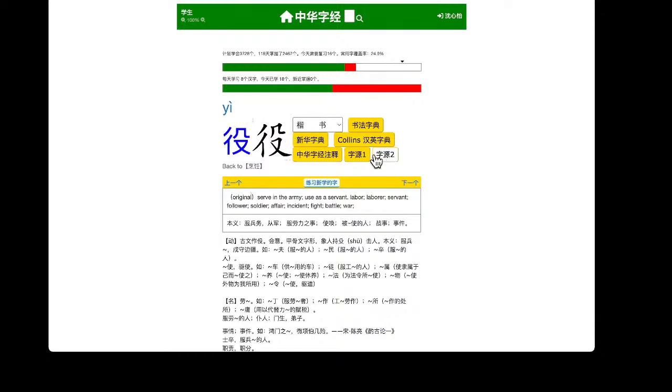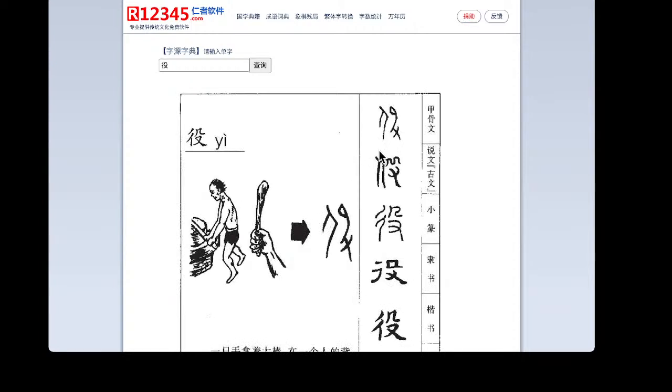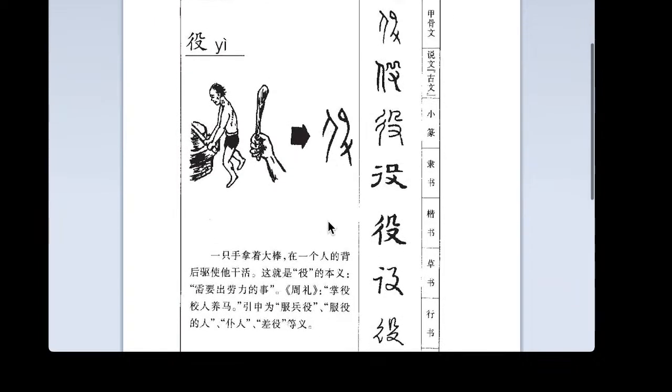Let's take a look at the character itself. This one is also quite obvious. In the oracle bone character you can see a hand holding a piece of something, and it is knocking a person. Basically it is a person holding a stick, or maybe a whip, or whatever it is, to drive the other person to work, to do things, either to work or go to war.